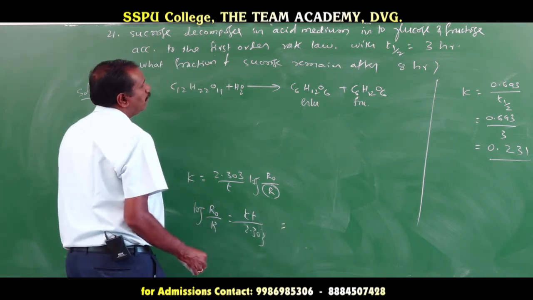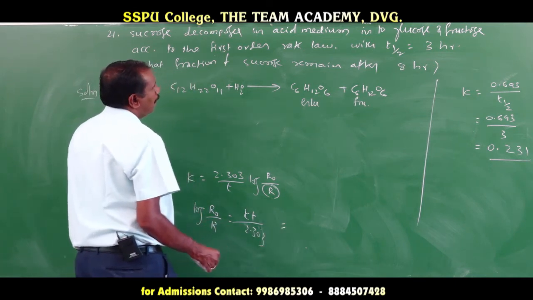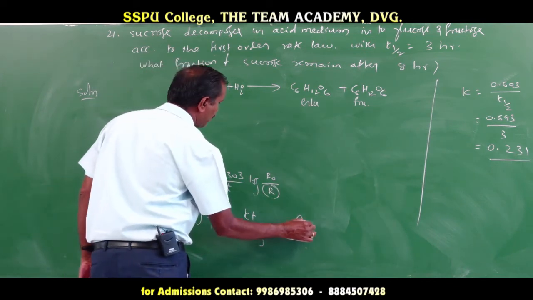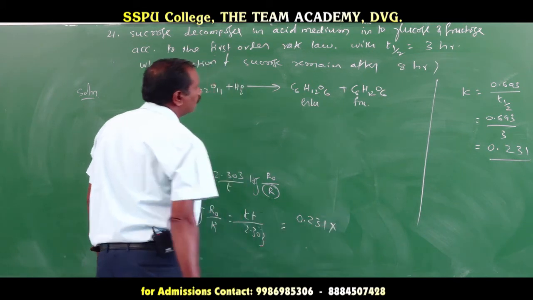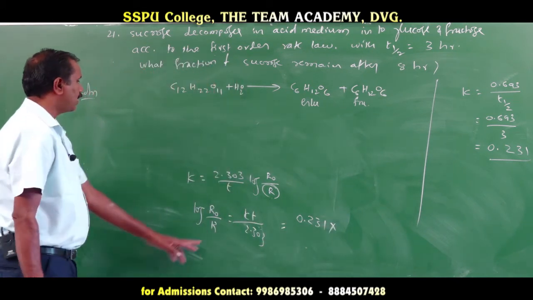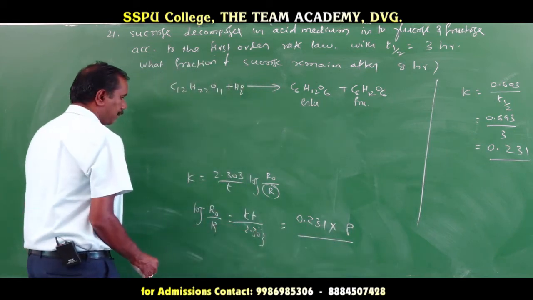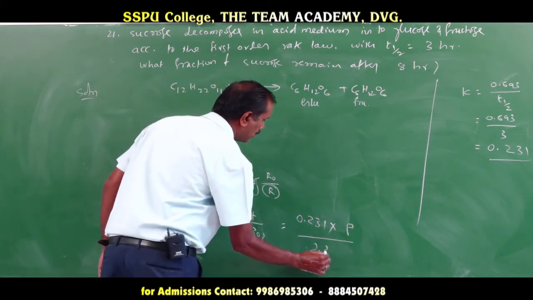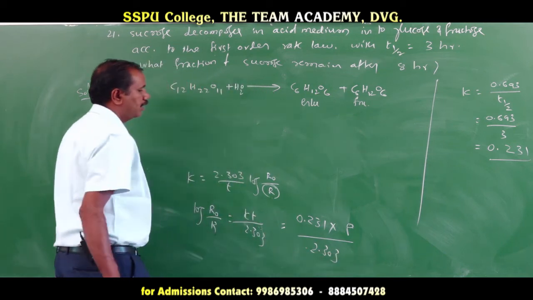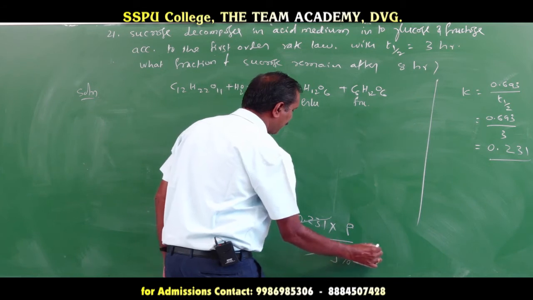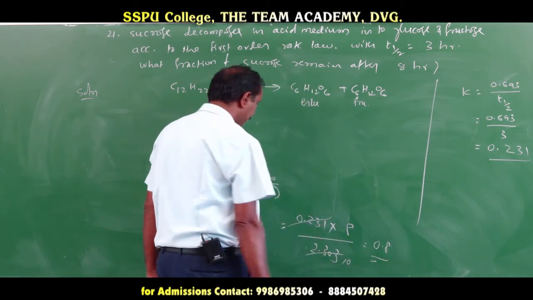The K value is 0.231 into T, which is 8, divided by 2.303. Nearly it becomes 8 by 10, nothing but 0.8.